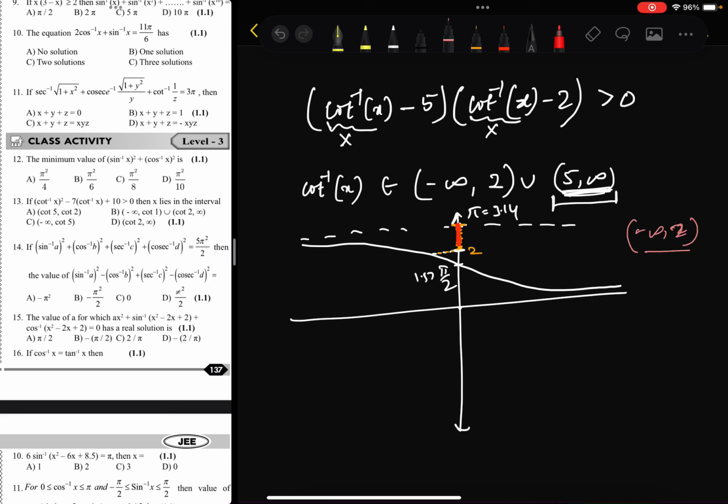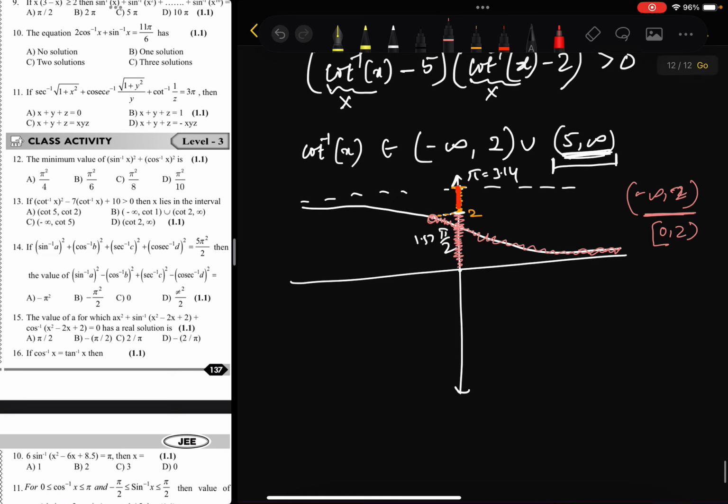In all this range of minus infinity to 2, only 0 to 2 is possible, with 0 included. That means this one line on the y-axis. So this graph is acceptable, open at this point, and this graph is lying between 0 to 2.